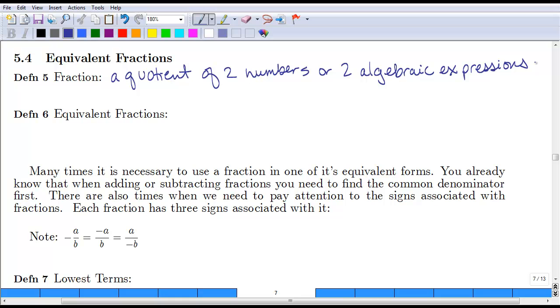Now let's talk about what it means for two fractions to be equivalent.